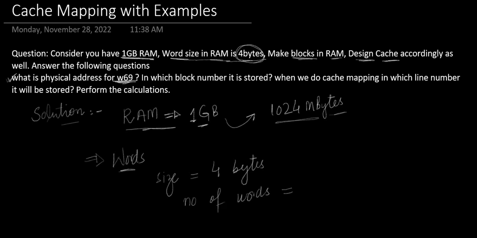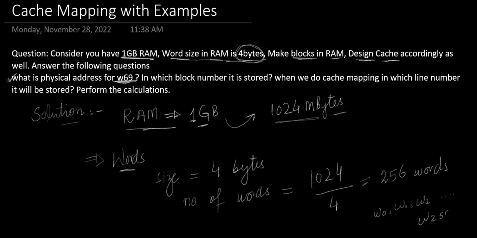So if it's 1024 bytes and each word is 4 bytes, I'm going to have 256 words inside my RAM. It means I can store 256 words inside my RAM, so my words are going to start from word 0, word 1, word 2, up till word 255.